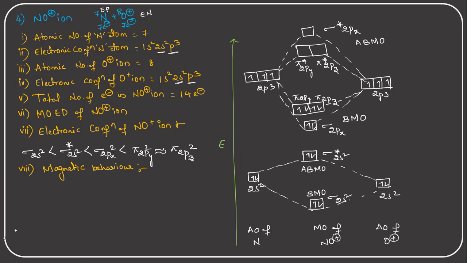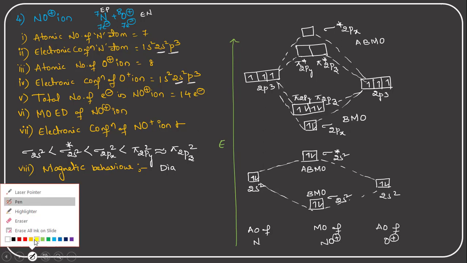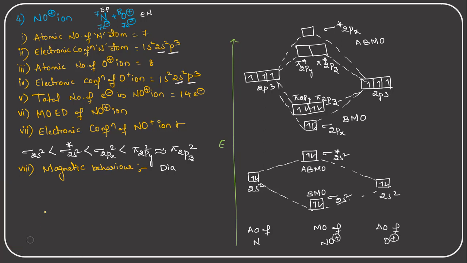Diamagnetic. Why? Because all are paired electrons, and when it is kept under the external magnetic field, it will be repulsed. So that is the reason it is a diamagnetic molecule.